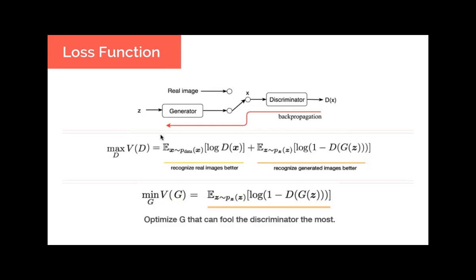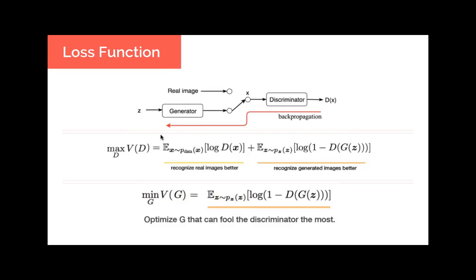And for the generator, it will adjust your z by another theta, and the output will be G of z. After passing through the discriminator, this will produce another output, D of G of z. This is the thing that we just talked about earlier, right?